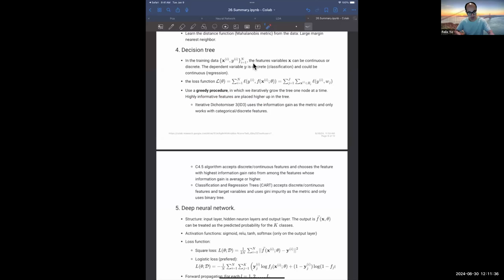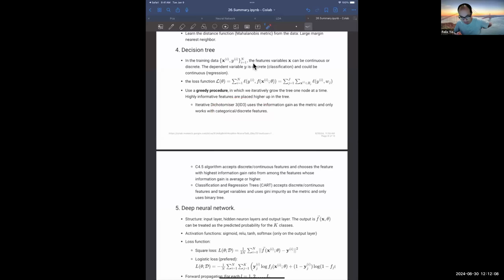All right, so there are a bunch of algorithms that we talk about. The first one is ID3, the second one is C4.5, and the third one is CART. We talk about the math, we talk about everything, and basically implement everything from scratch. ID3 used information gain as the metric, but it only works with categorical and discrete features, right?